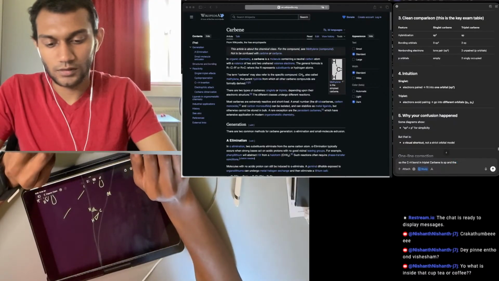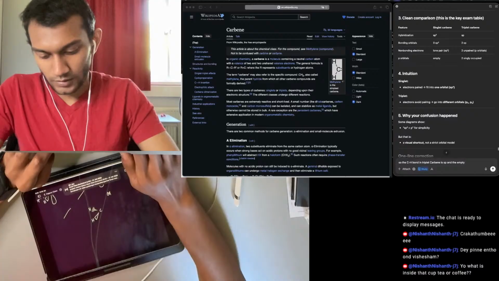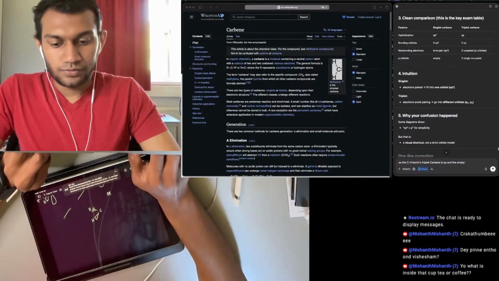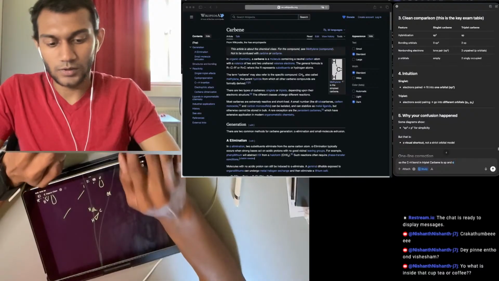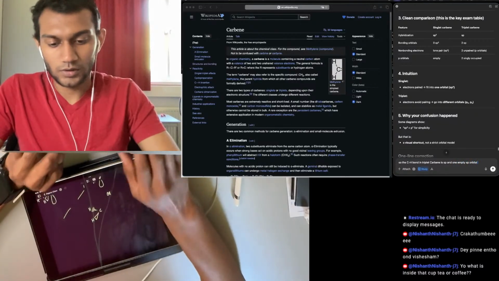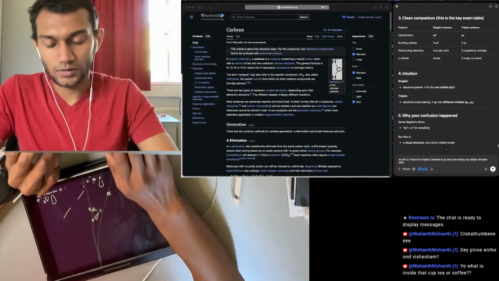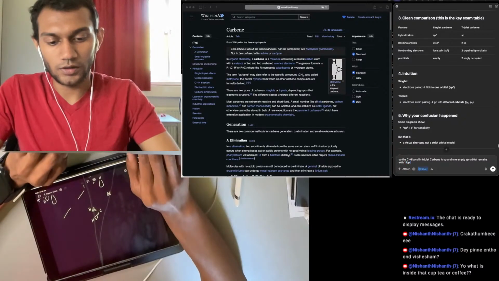the empty, and one empty sp orbital remains with one unpaired electron.